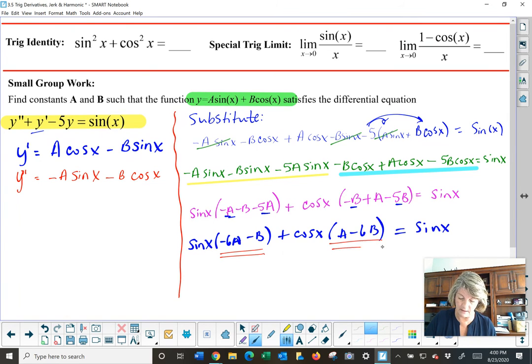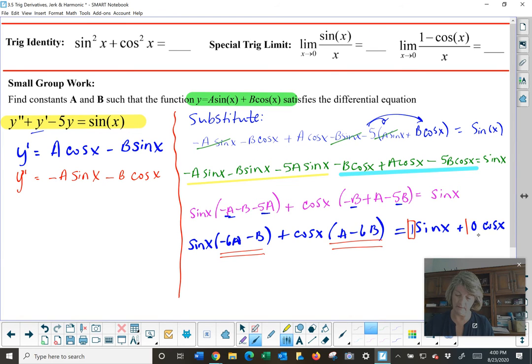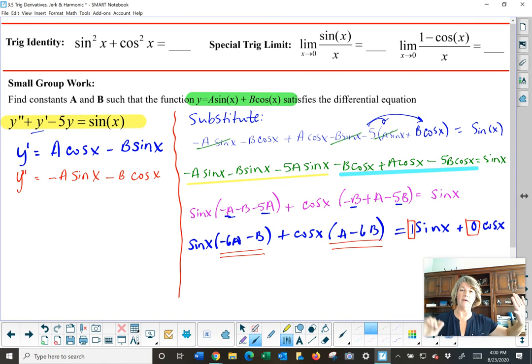Now, this is sine's coefficient. This is cosine's coefficient. What's the coefficient on this right side for sine? Oh, it's a 1, huh? I don't have a cosine, so it's kind of like I have 0 cosine x. Now what we're going to do is compare coefficients from the left side to the right side.